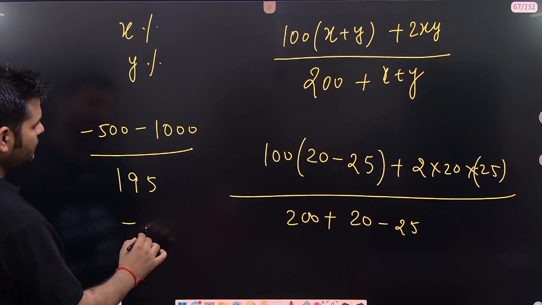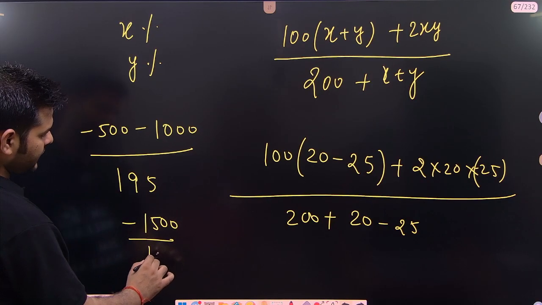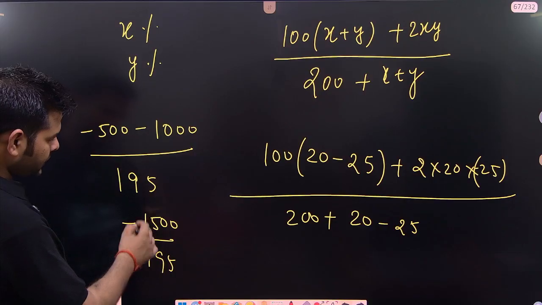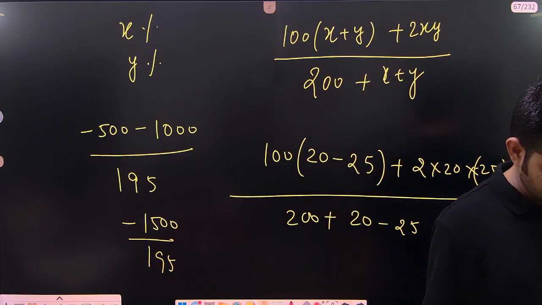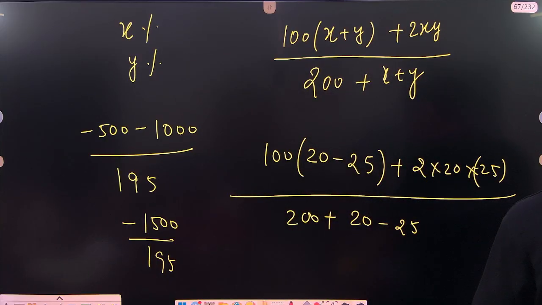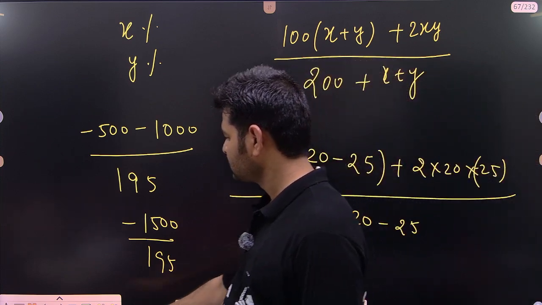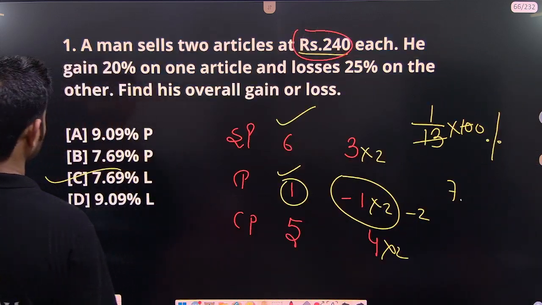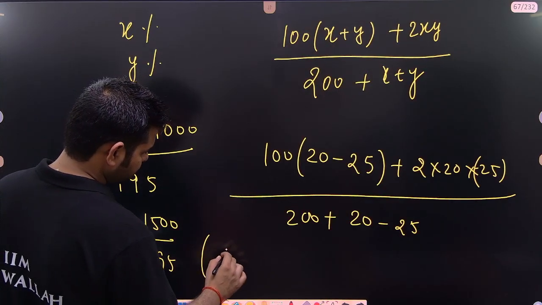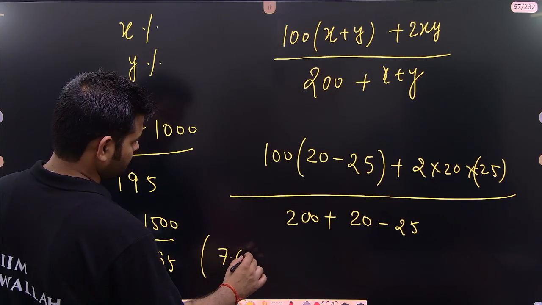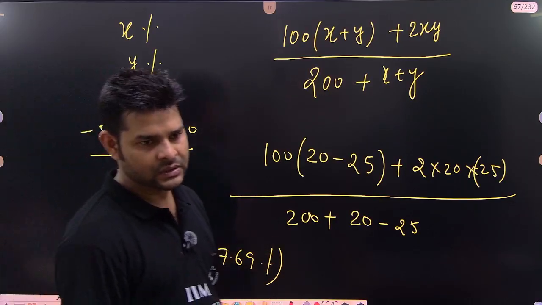If you solve 1500 upon 95, basically minus is showing loss only. If you solve, you will get the answer, the previous one, 7.69. Just by solving it. So minus is showing loss.